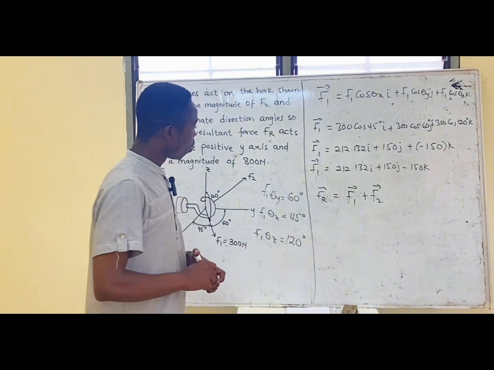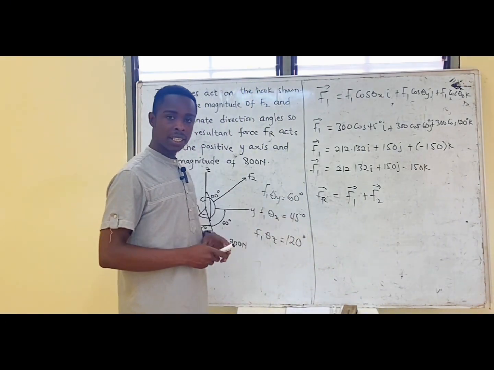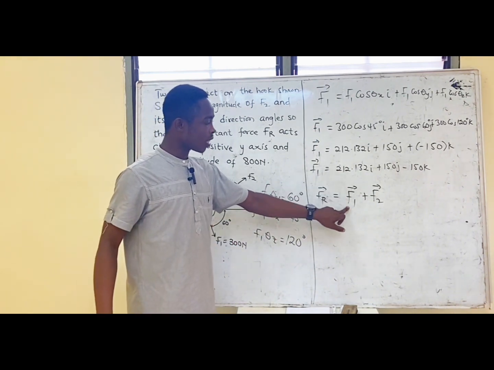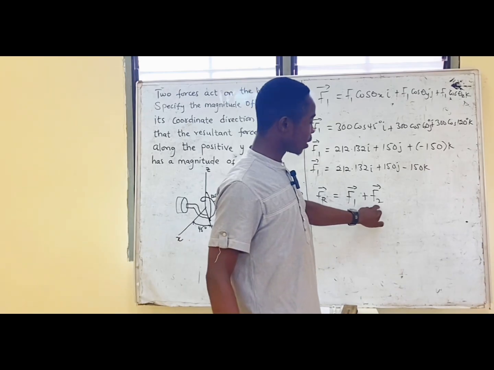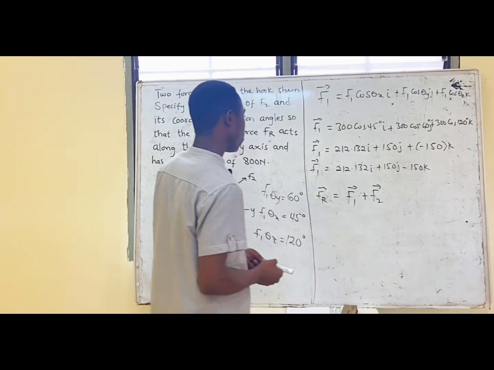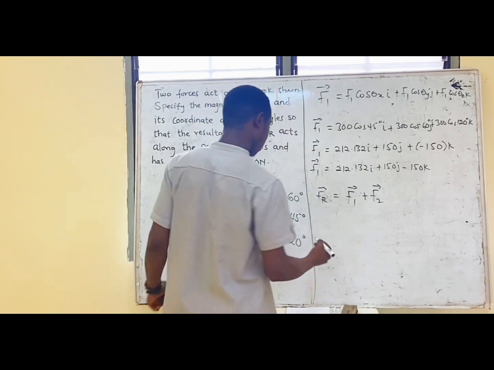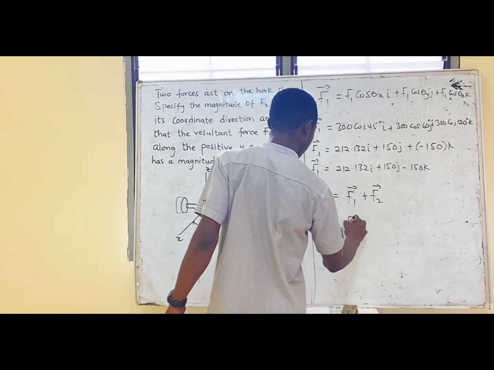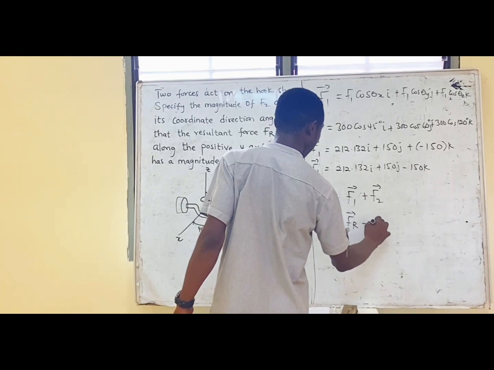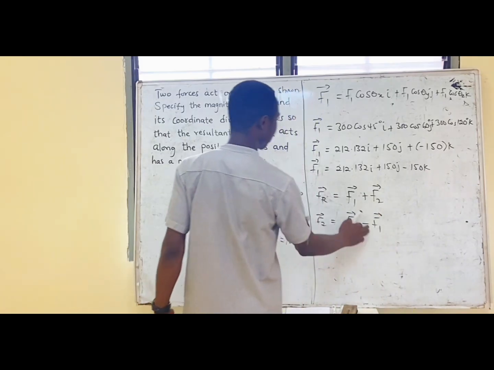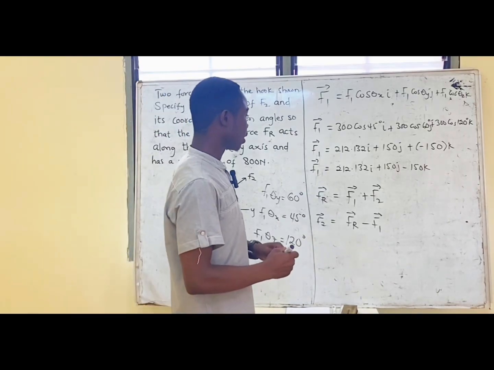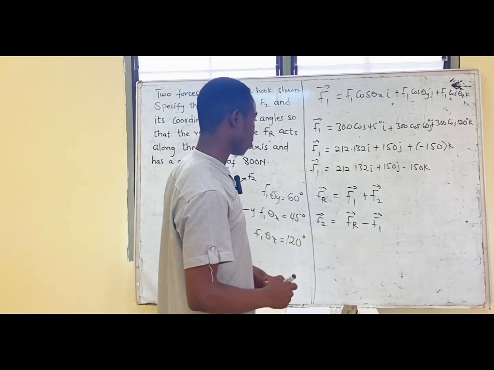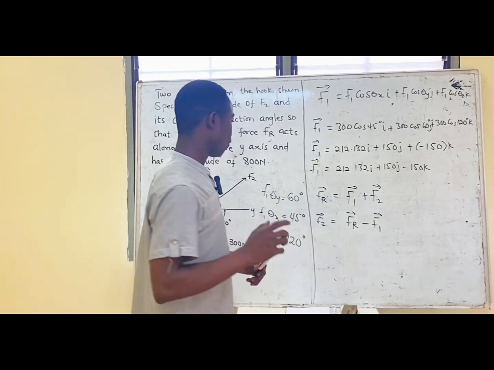So if we want to calculate F2, F2 bar will be equal to FR bar minus F1 bar. This is simple mathematics, a linear equation. We cross the F1 to the other side to subtract from the resultant force.